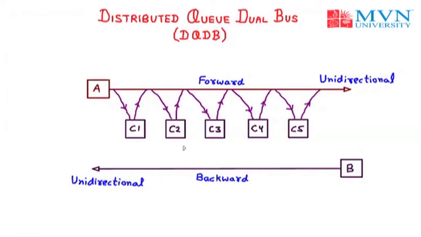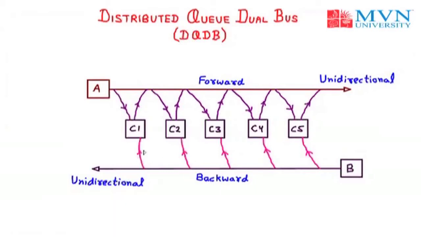But what if the data is transferred in the backward direction, or B wants to communicate? If B starts the communication, it sends the data to C5, the arrow indicates the direction, then to C4, to C3, to C2 and C1.